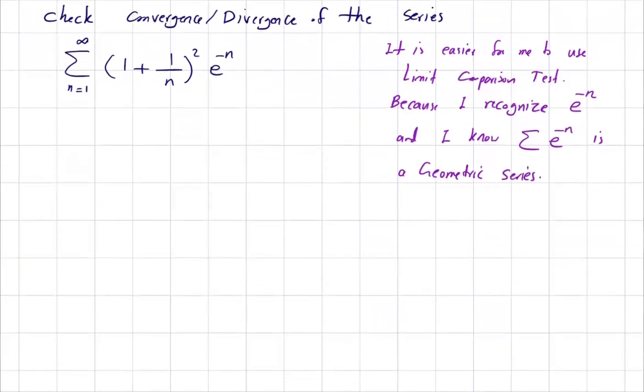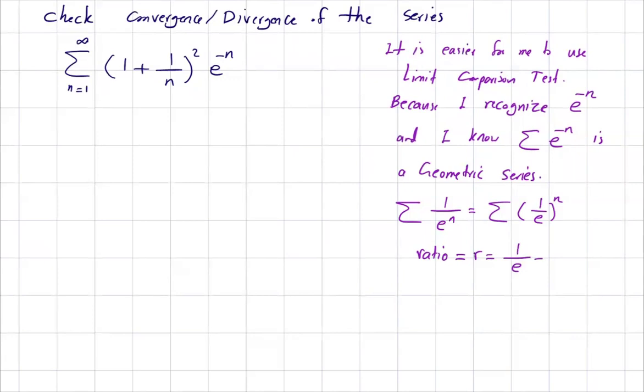Remember the behavior of this series. The summation of 1 divided by e to power n can be written as the summation of 1 over e to power n. The ratio here is r, or 1 divided by e.